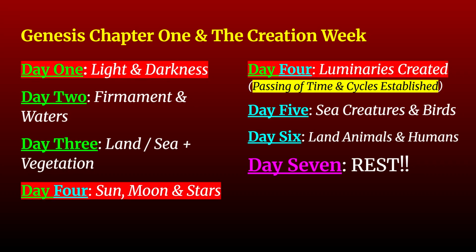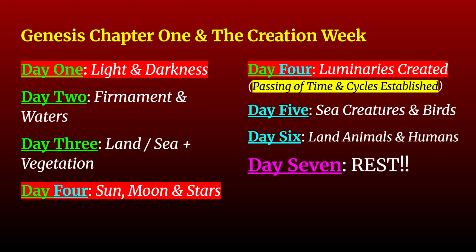So, on day 1, because we know 1 is an active, we know 4 is an active regeneration. On day 1, God creates light and dark. On day 4, he creates the sun, the moon, and the stars. And all of those together constitute the luminaries, which allow the passing of time and cycles.